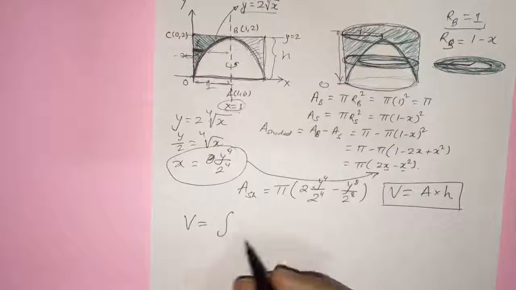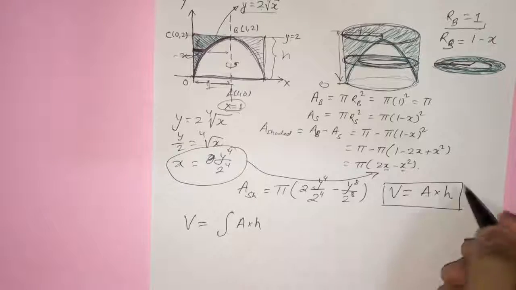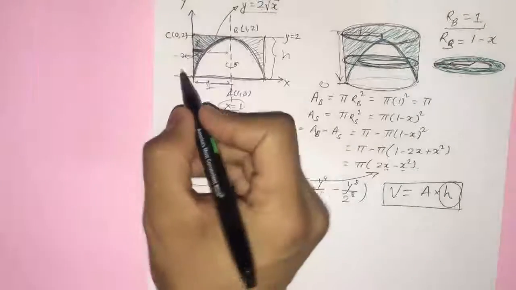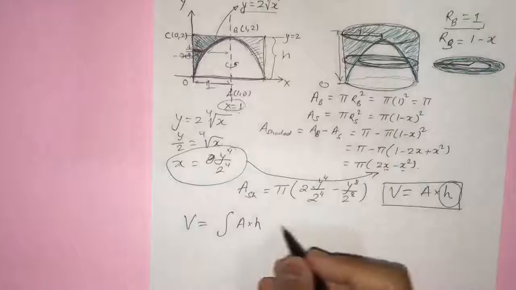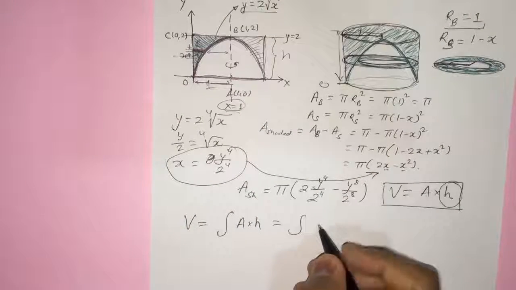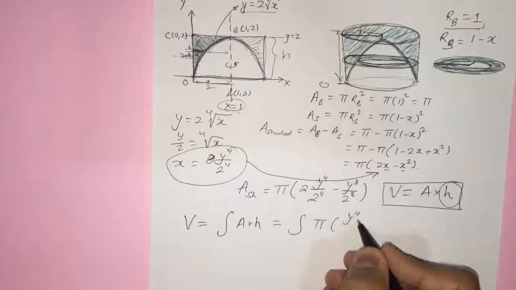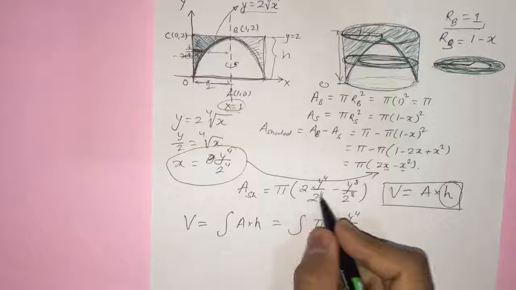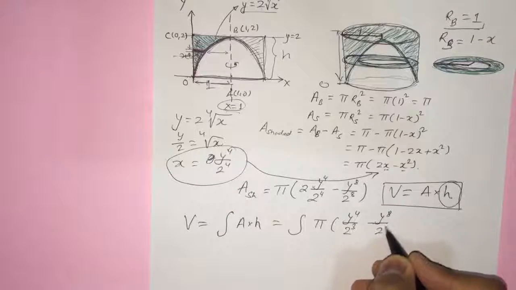Volume is the integration of this area and height. Here, what is the height? This is the height of this small strip, which is dy. So the area is pi times (2 y to 4 over 2 cubed, minus y raised to 8 over 2 raised to 8).